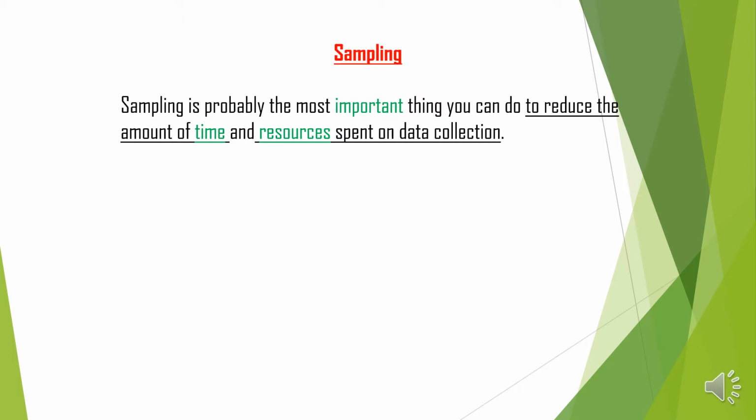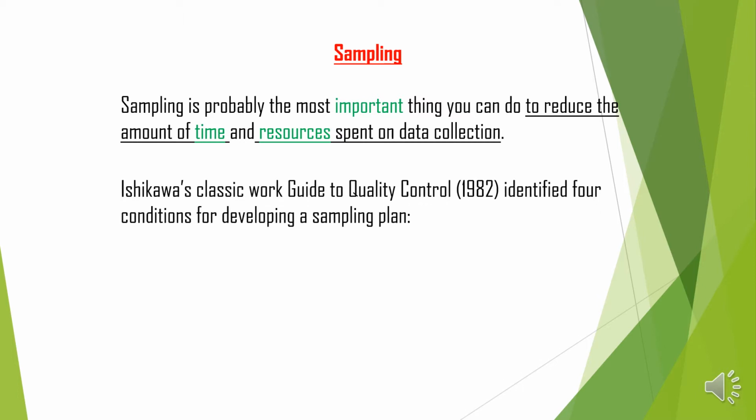So you need a lot of resources to study them all. But if you take a sample of all physicians and study them, you can generalize according to your sampling technique. You can generalize the result over all physicians as if you did your study upon them all. So sampling will save your time and save your resources.